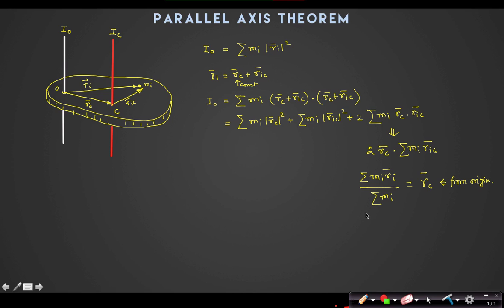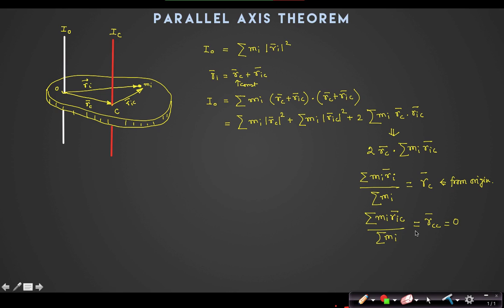Now suppose I have changed my reference point from origin to the center of mass itself. So can I say then I have to write summation of m_i r_ic? If I choose origin to be at center of mass, then what will I write? It's r_ic. And what will this term be? It is r_cc, which is 0.